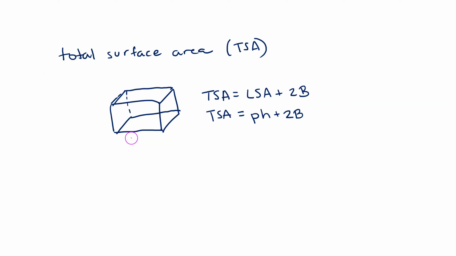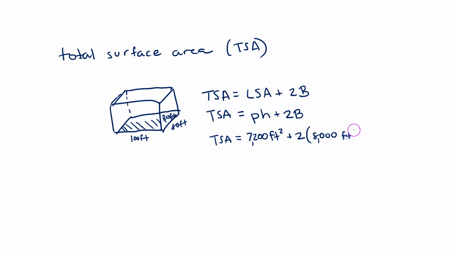Let's take our same store that we had before. It was 100 feet by 80 feet by 20 feet. We figured out previously that the lateral surface area was 7,200 feet squared, or square feet. Now we need to figure out the area of the base. The base is right here, and it's a rectangle, so we're going to do 100 times 80, or 8,000.